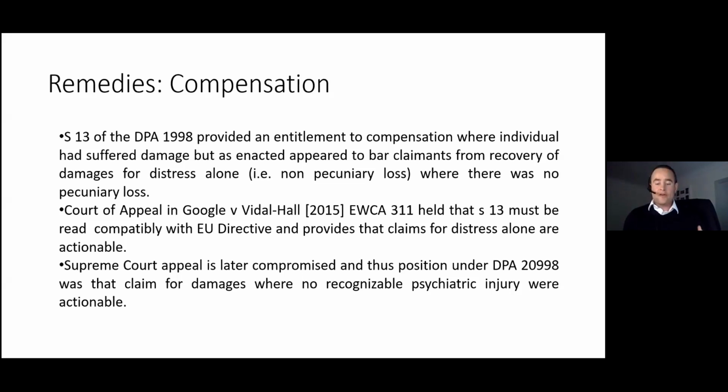The Court of Appeal in Vidal-Hall v Google held that the provisions had to be read compatibly with the EU directive as implemented. That meant that Section 13(2)(a) had to be disapplied. And the headline point was this: a claim for damages for distress alone was actionable.